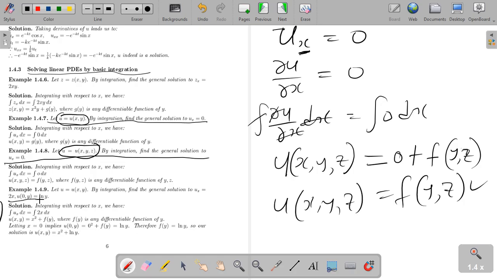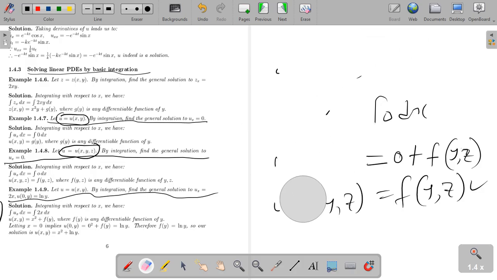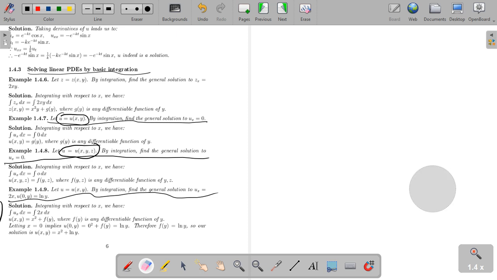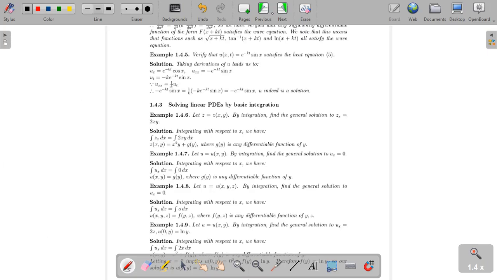Okay? So permit me to clean again. These are very, very simple. Okay. So now, to solve this one, I have that our u is equal to a function of just x and y. Sorry, what page was that?